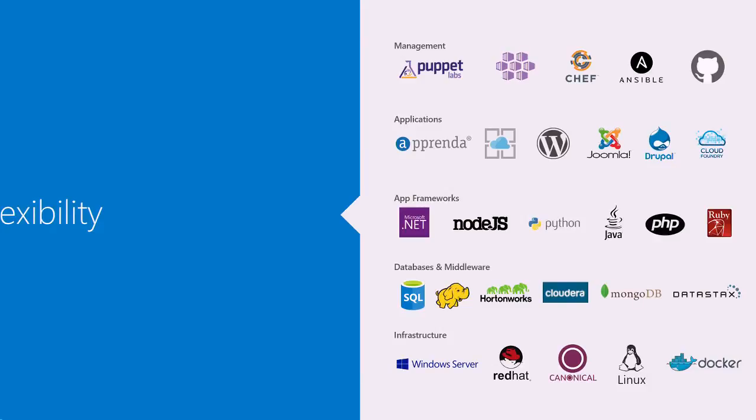So to wrap up, I just wanted to sum up what we're doing around open source. Docker is just one area, a very popular and interesting area, but we're very big on open source in general. Ultimately it's about choice and flexibility of what you want to run. We want to make Azure a really great place to run that, whether that's .NET or Java, whether you want to do Docker containers or virtual machines, or whether you want to do full platform as a service capability.